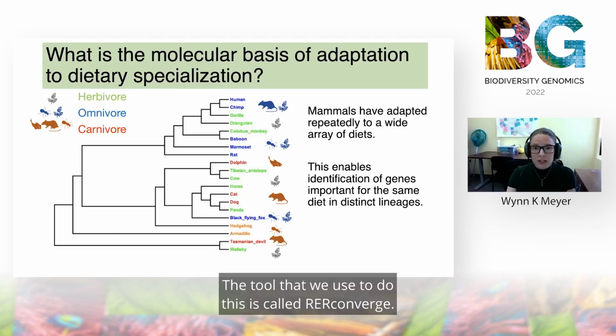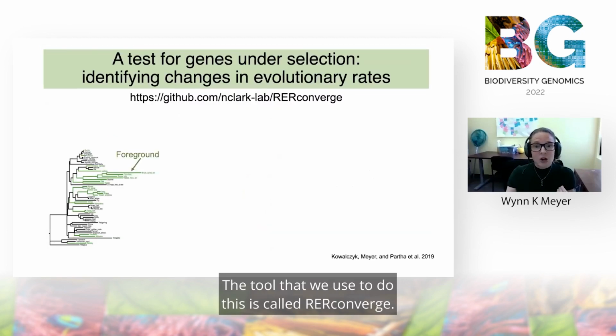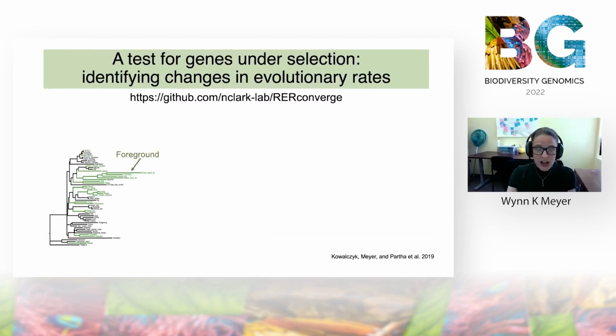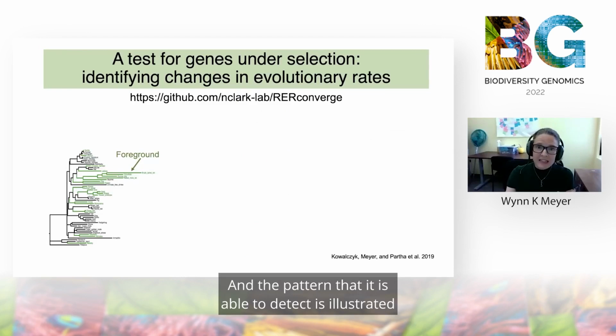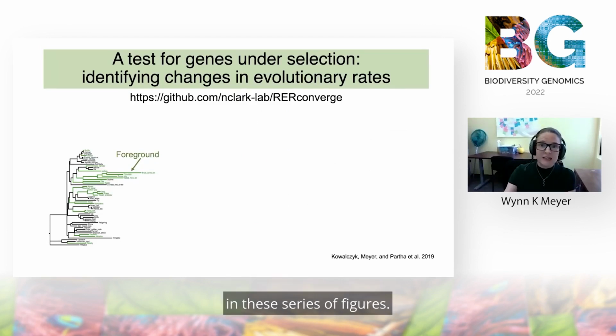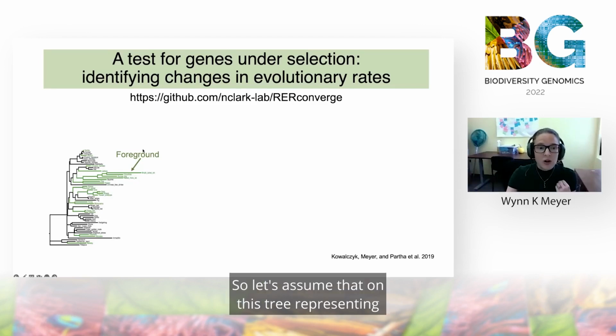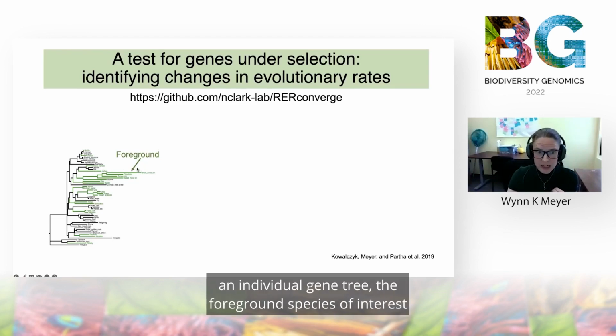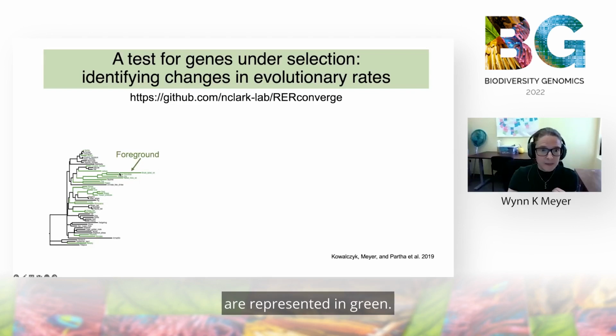The tool that we use to do this is called RER Converge, and the pattern that it is able to detect is illustrated in these series of figures. So let's assume that on this tree, representing an individual gene tree, the foreground species of interest are represented in green.